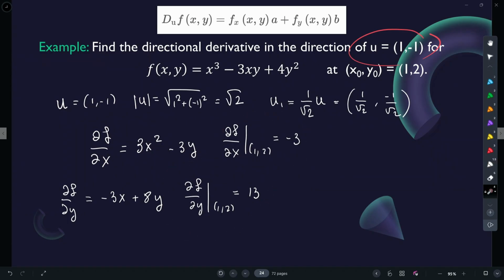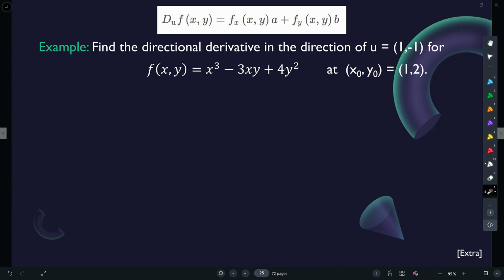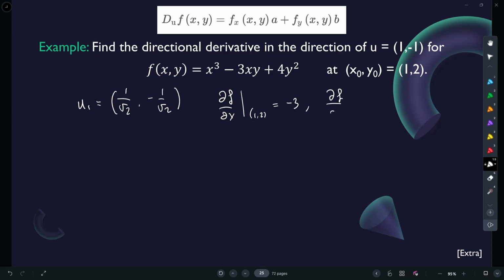3 and 13. Okay, so let me write it all here so it's not all cramped. So the direction vector was 1 over the square root of 2, minus 1 over the square root of 2. The partial with respect to x at 1, 2 was minus 3. The partial with respect to y at 1, 2 was 13.